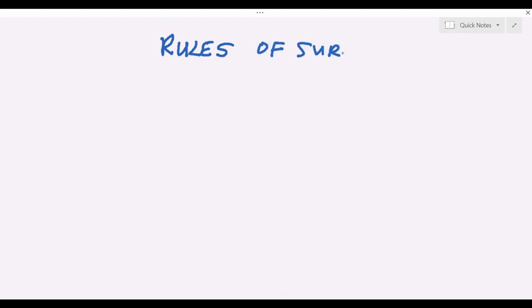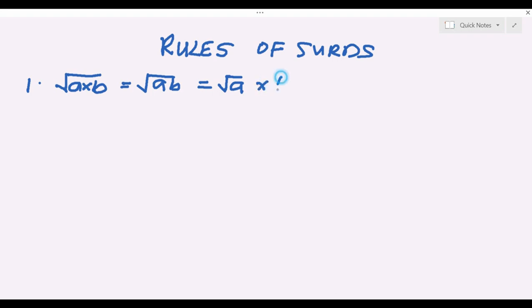Now, the first rule is this: it says that if you have the square root, we are dealing with quadratic surds. If you have the square root of a times b, or we write it like this, the square root of ab, this is equal to the square root of a times the square root of b.